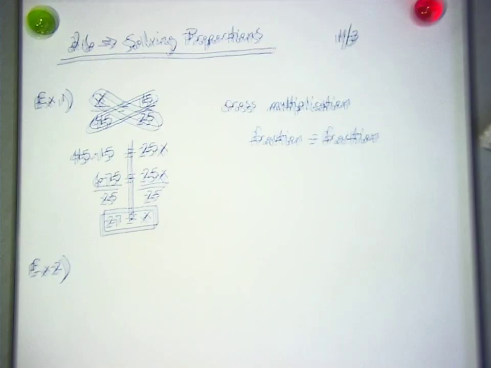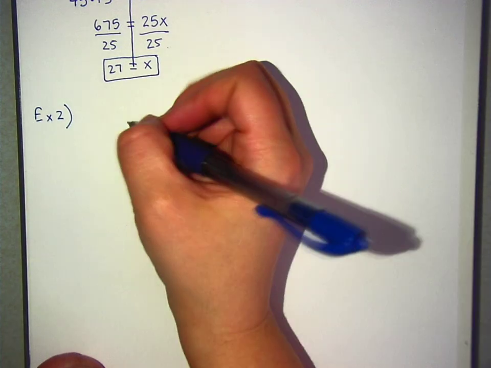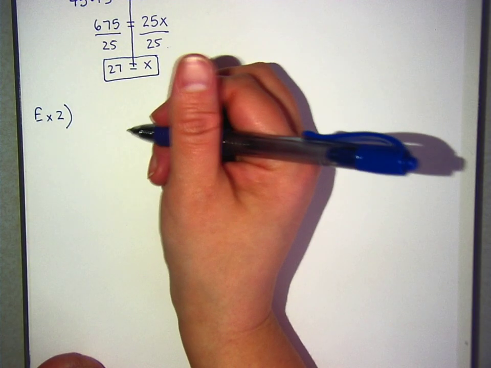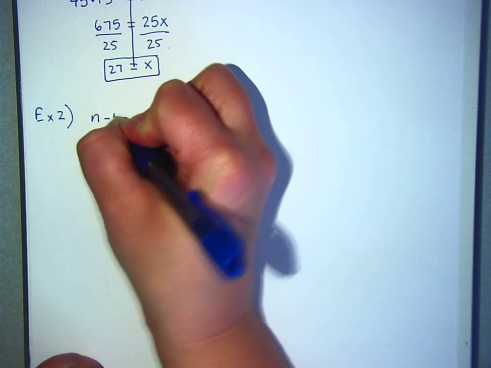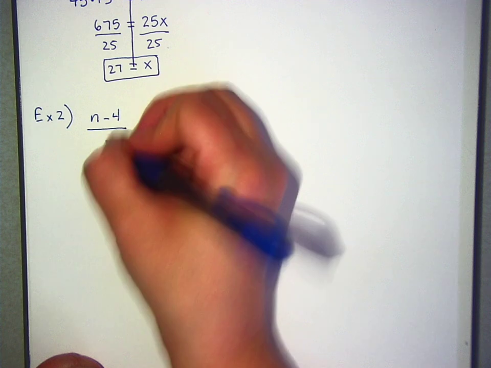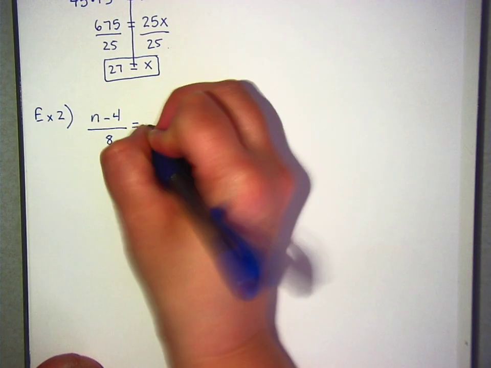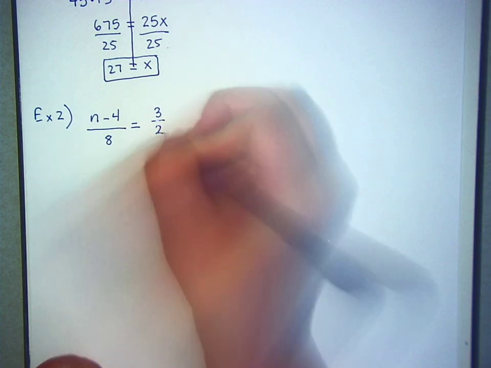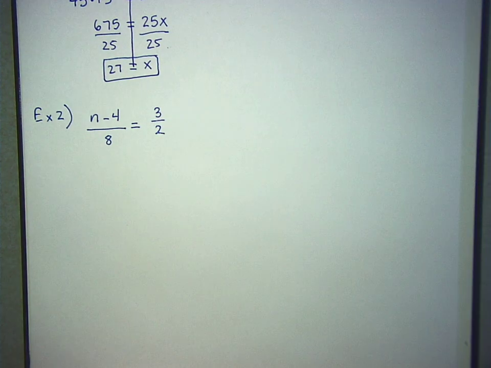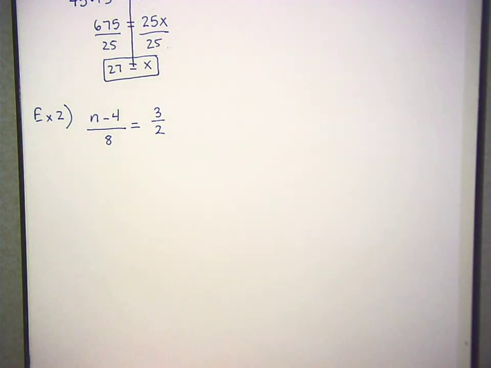All right. Example 2. Let's get a little bit more complicated. n minus 4 over 8 equals 3 over 2. Okay.